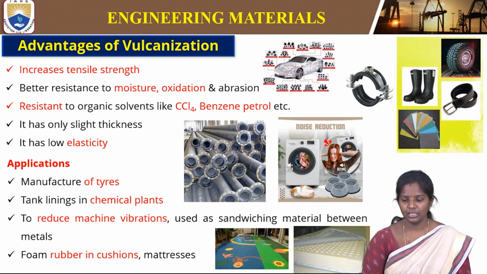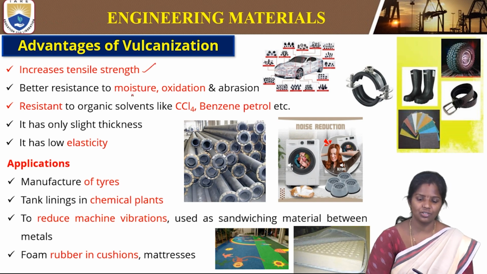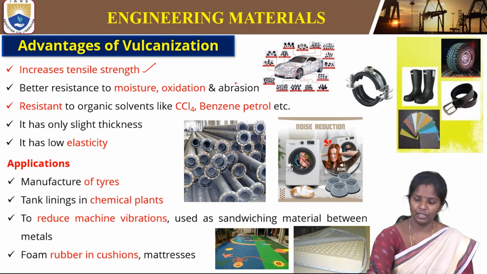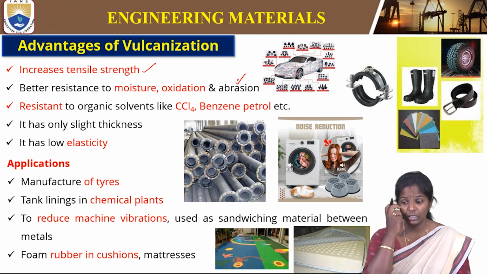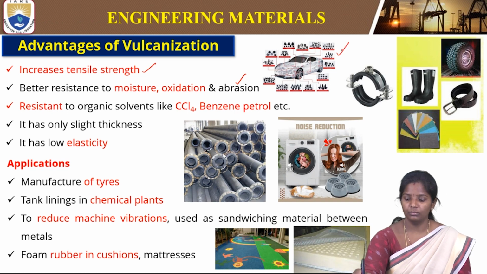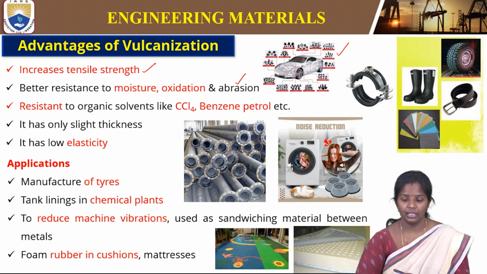So what are the properties? Whenever we introduce sulfur into the rubber chains, it increases the tensile strength and gives better resistance to moisture, oxidation or abrasion. Therefore we use it in most parts of automobiles. If we see this picture, there are a lot of components that include vulcanized rubber.